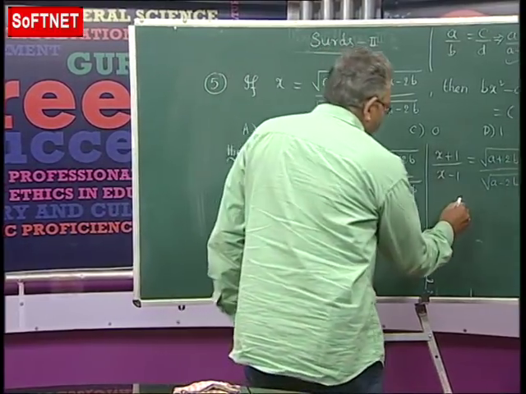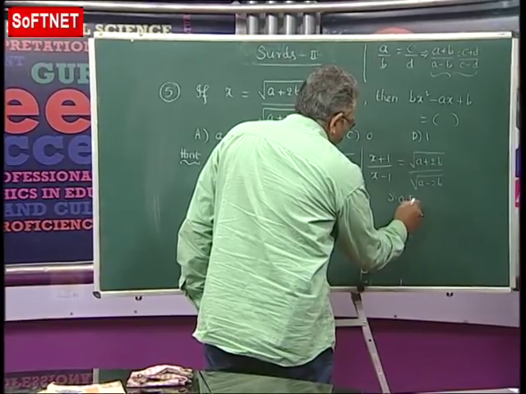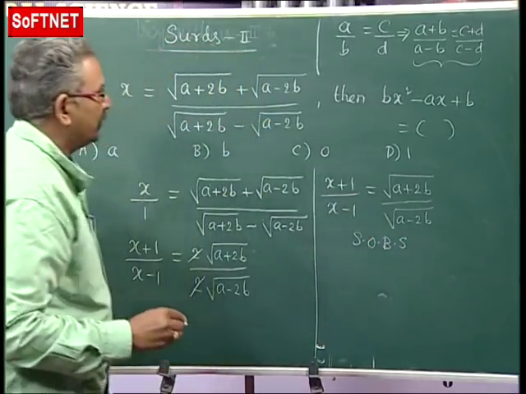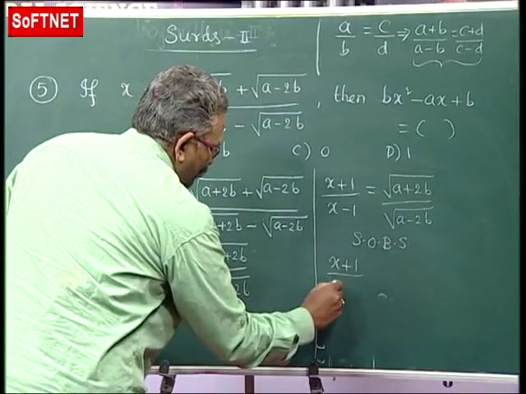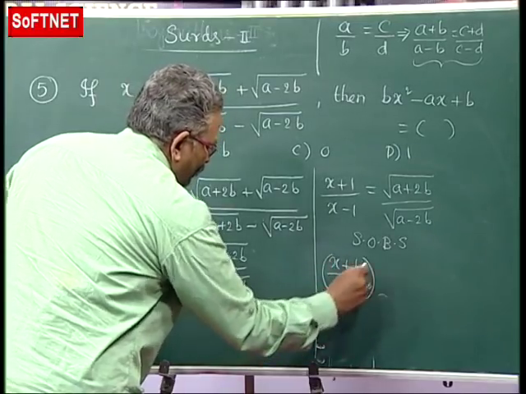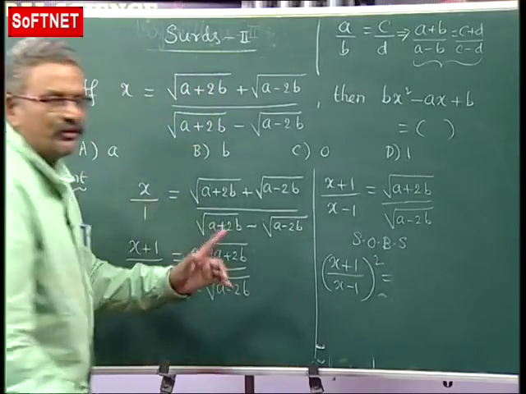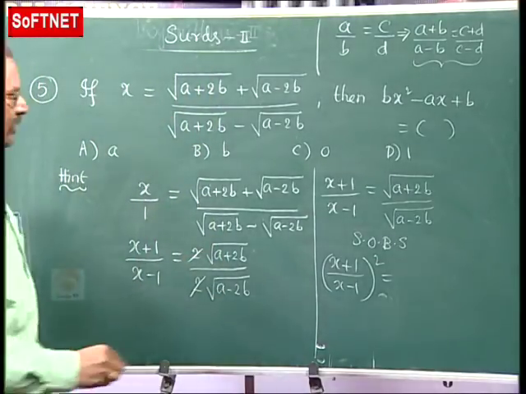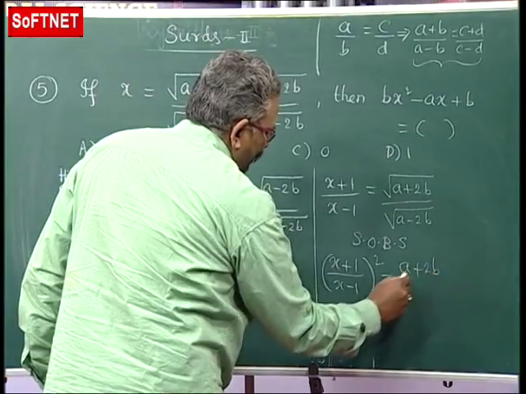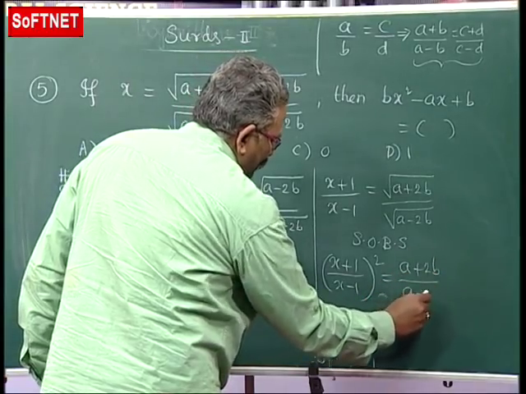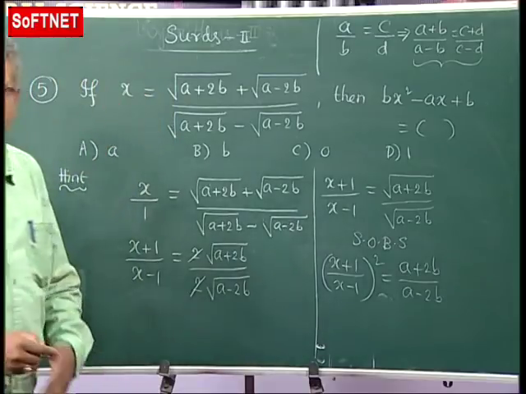See, squaring on both sides, we get x plus 1 by x minus 1 whole square is equal to, how much do you get? Square root will be eliminated. We get a plus 2b by a minus 2b. That's all.